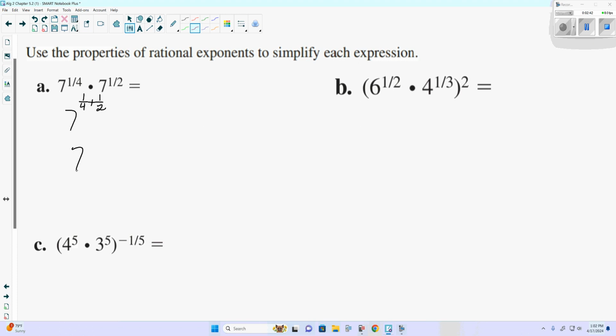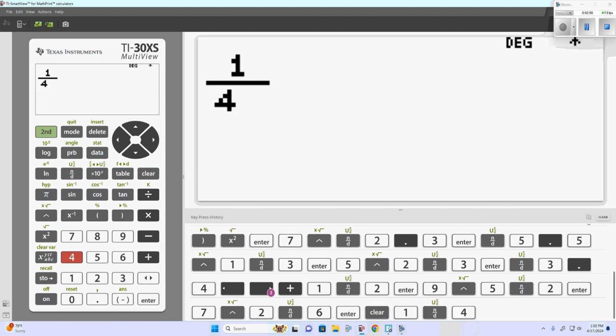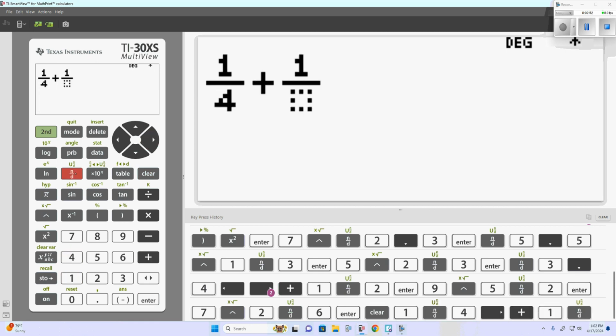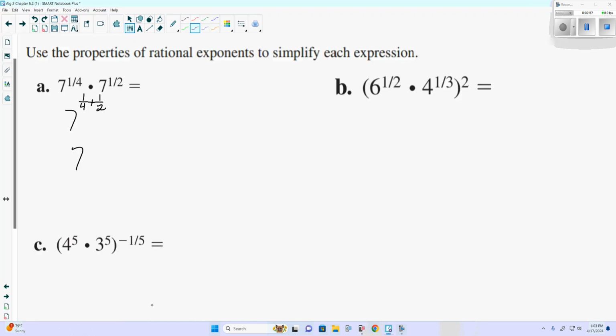So we're going to add 1/4 and 1/2 together to get 3/4. Because if we're adding two fractions together, we would have to get the denominators to be the same, or the calculator will do it for us. Because we can do 1/4 plus 1/2 in the calculator, and it will tell us it's 3/4. So our final answer is 7 to the 3/4.